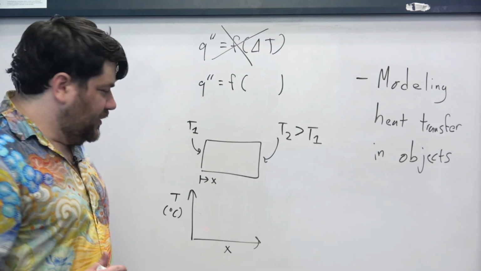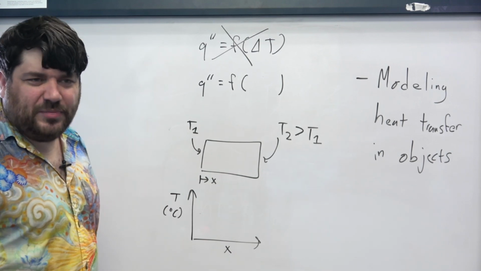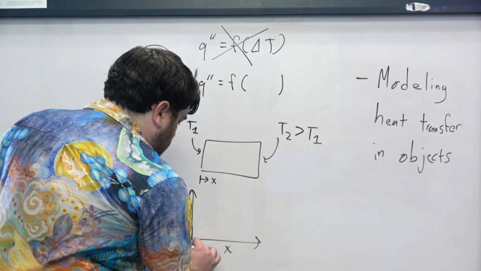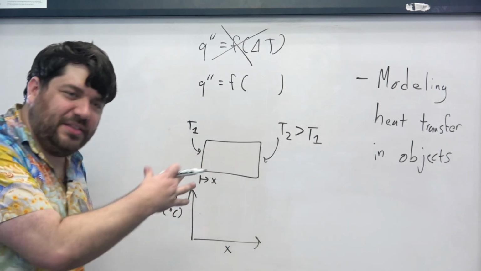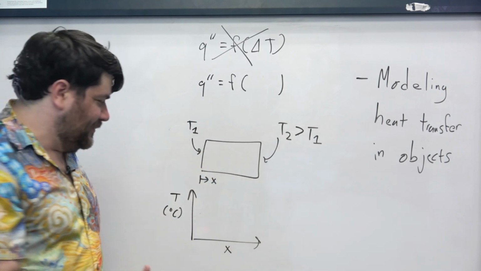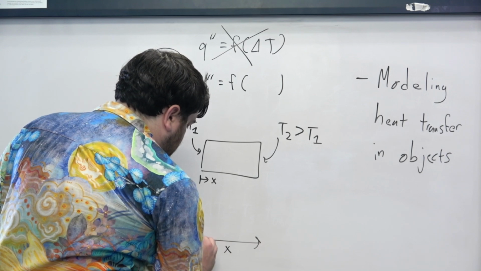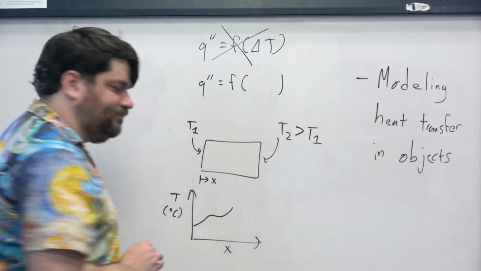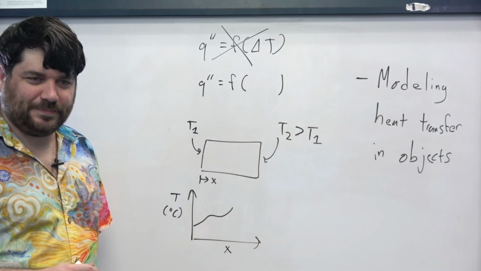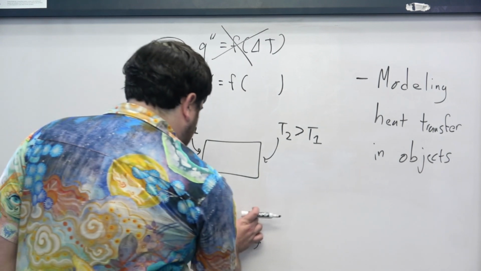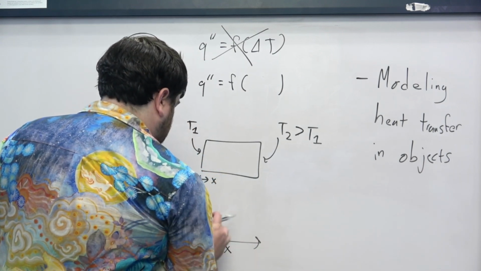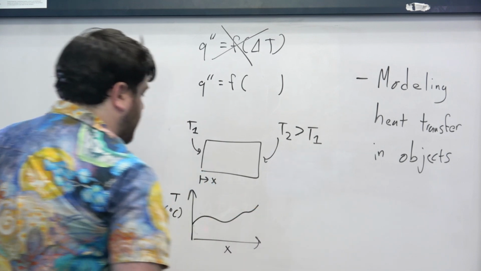If I were to plot this temperature, you might expect to see something, who knows? It could be all kinds of different things. We don't know anything about what's happening in the slab yet, but we know that it can be something like this. Or to make it to scale, there we go.